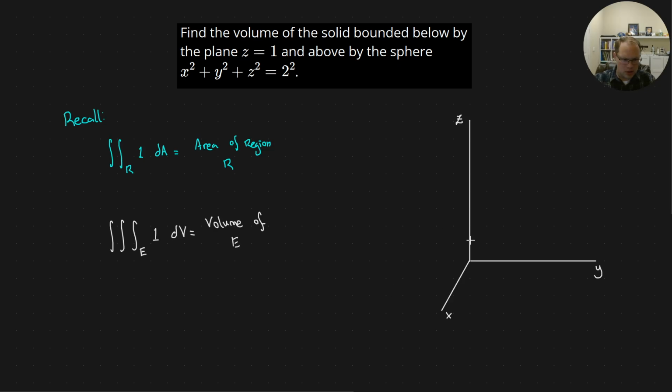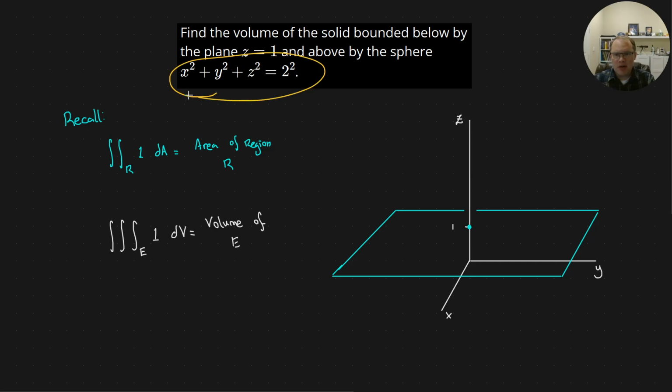Okay, so z equals 1. Let's put it right here. Z equals 1. So we have a plane that goes through that. And it's bounded above by the sphere x squared plus y squared plus z squared equals 2 squared. So that's a sphere of radius 2.